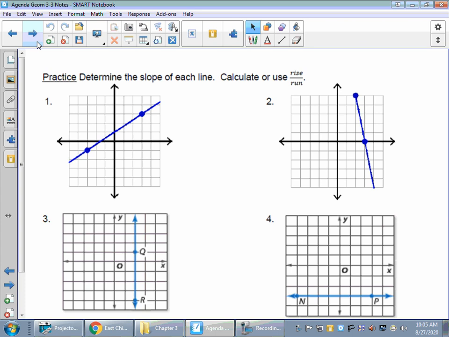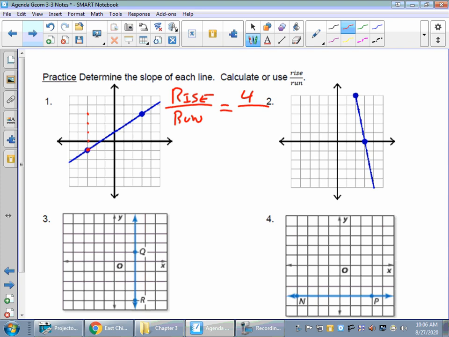So let's take a look at some examples here. Let's look at number 1. All right, so we look at our 2 points here. First, let's do it just by going rise over run and just counting it. Rise is our value up and down. So if I just go from this point here, if I just count 1, 2, 3, 4, I rose a value of 4.